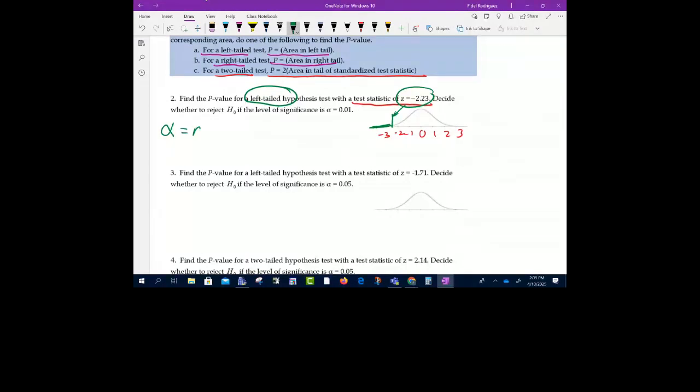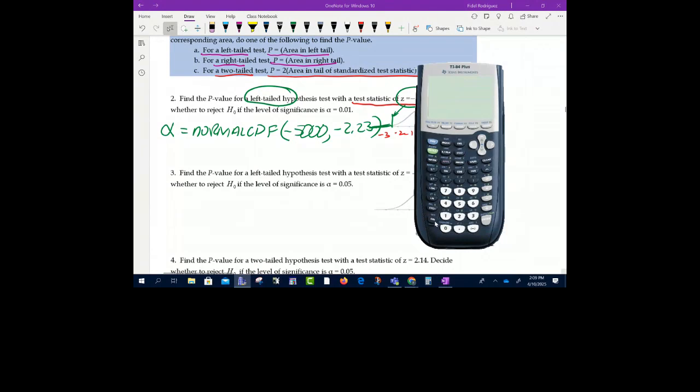Remember how we're going to do this. The way we're going to find the p-value is we're going to go normal CDF. Remember, we're looking for the area to the left, from negative 5,000 to negative 2.23. Let me grab my calculator and turn this on. Let's go second vars, number 2, negative 5,000, comma, negative 2 point, what is it, 23?